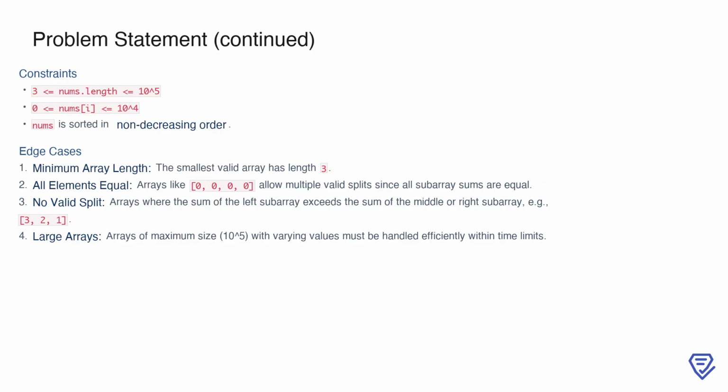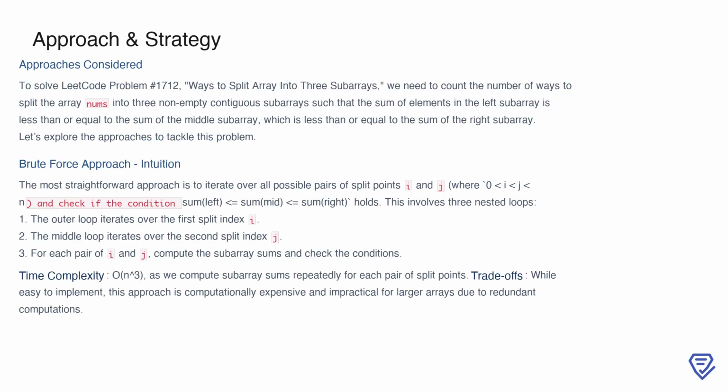To solve the problem of splitting the array into 3 subarrays while meeting the condition that the sum of the left subarray is less than or equal to the sum of the middle subarray, which in turn is less than or equal to the sum of the right subarray, we start by considering a brute force approach. In this method, we analyze all possible ways to split the array by iterating over every pair of split points.